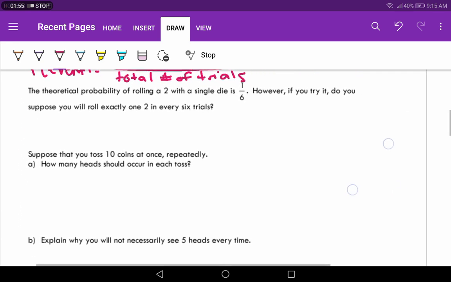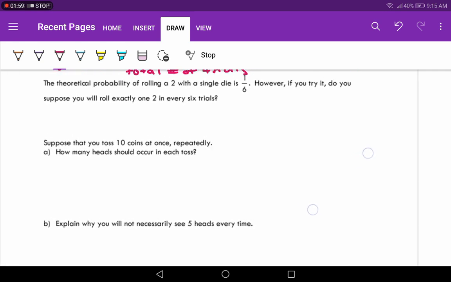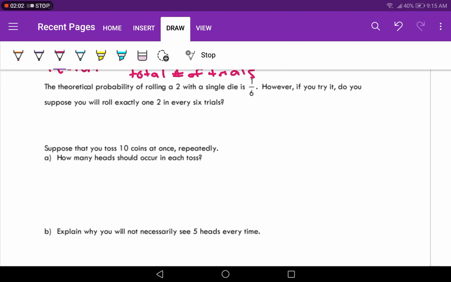Okay, so the theoretical probability of rolling a 2 with a single die is 1 in 6. However, if you try it, do you suppose you will roll exactly 1 two in every 6 trials? So if you have a die around, try this out if you're not sure, right?